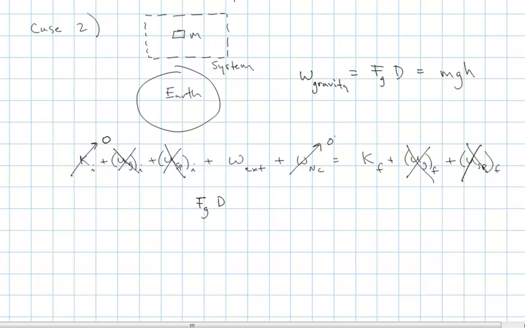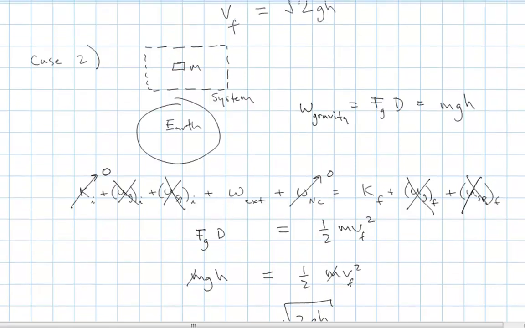I have no friction or air resistance, and I have a final kinetic energy. So what I end up with, the force of gravity is mg, the distance is h, so the work done by my external force, the work done by gravity, is mgh, and it's positive because the force is down and the displacement is down. The box is moving in the downward direction. And I get V final is the square root of 2gh.